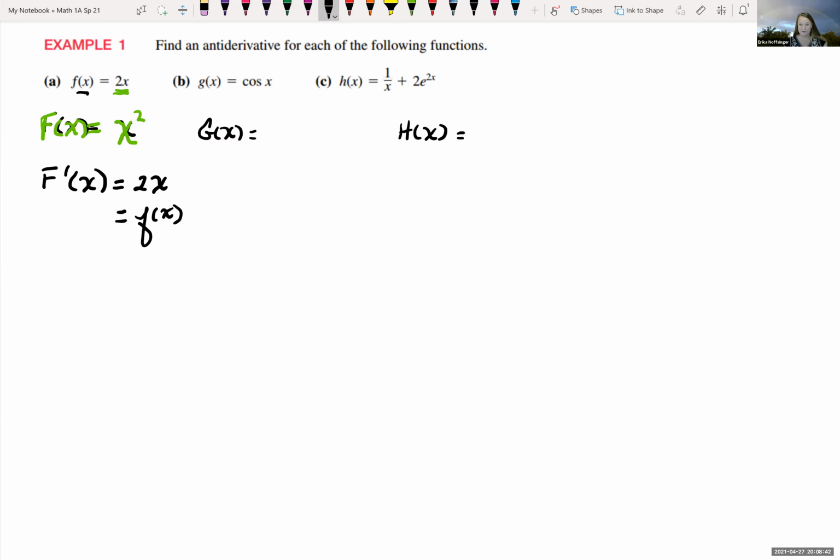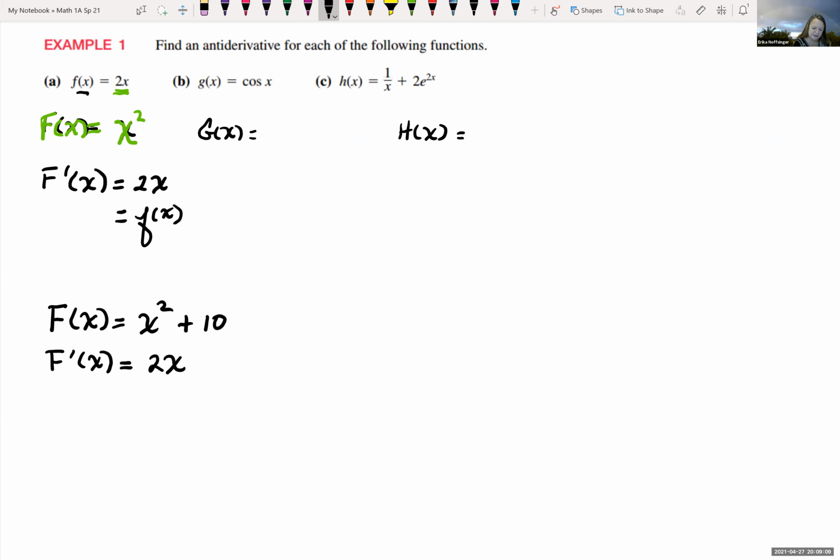Some of you even went further and said, couldn't we take, let's say we chose F of x to equal x squared plus 10? If we took the derivative of that antiderivative, the derivative of x squared is 2x, and the derivative of a constant is 0.